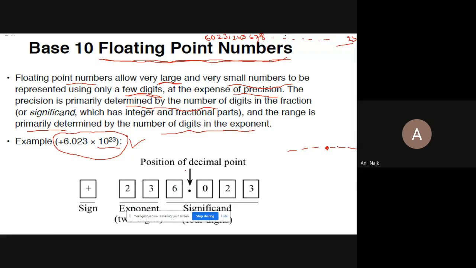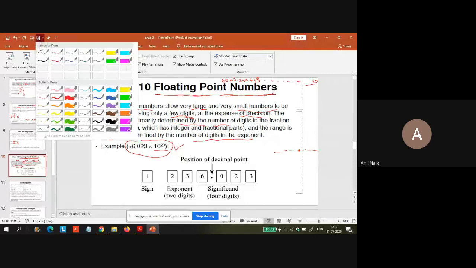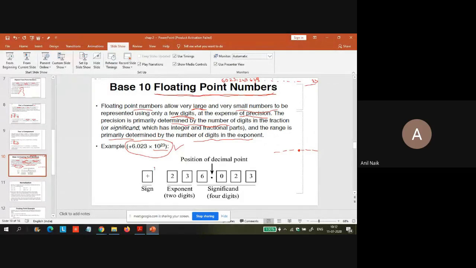so we represent the numbers in this format: sign, exponent, and the fraction part. So this is the sign. The first field is the sign, positive or negative number.